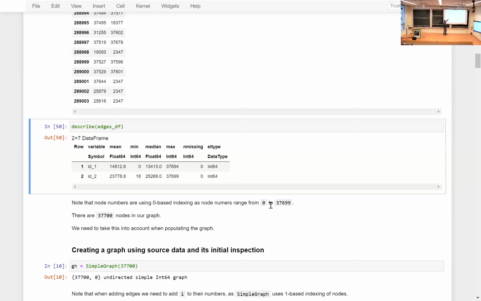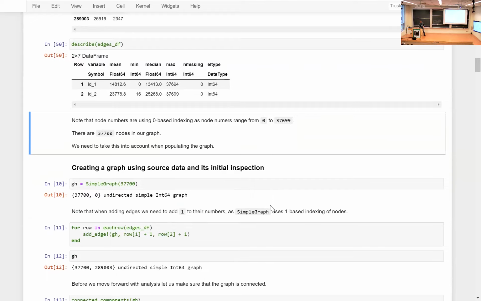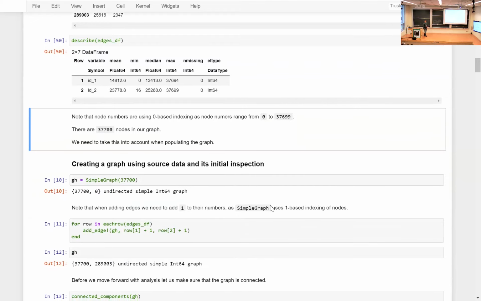That minimum node number is 0, maximum node number is 37,699. So I have 37,700 people in our graph. And we note that the original graph was probably created with Python because it uses zero-based indexing. So we will need to fix it.